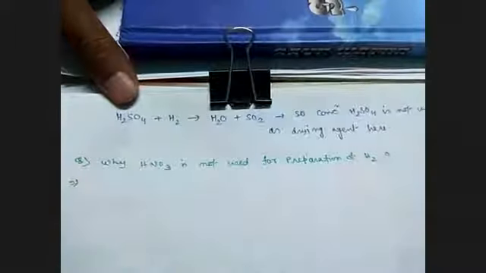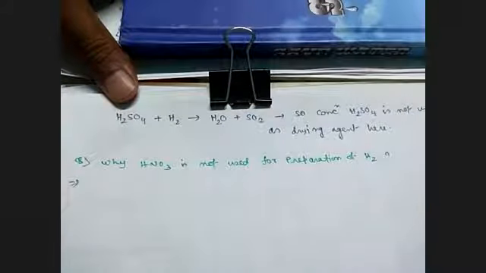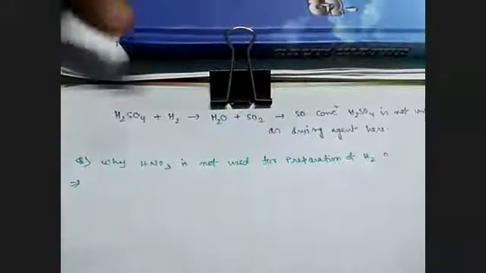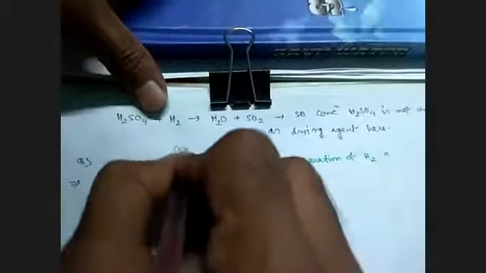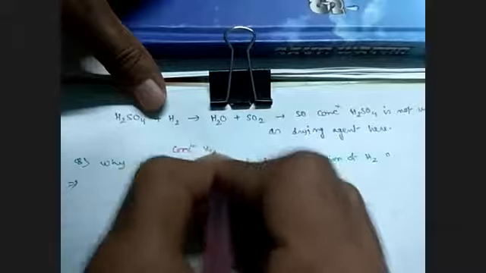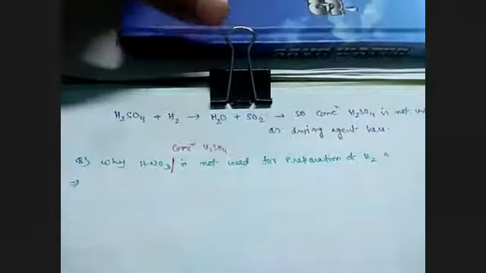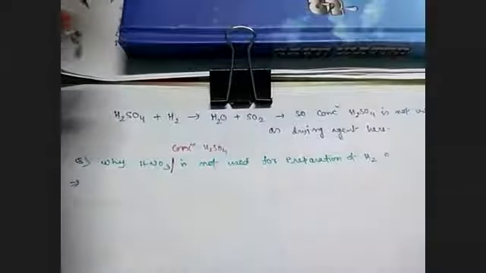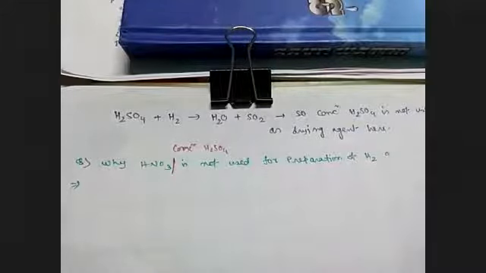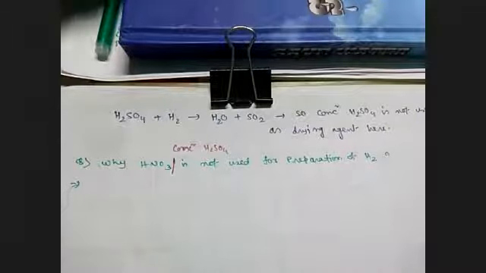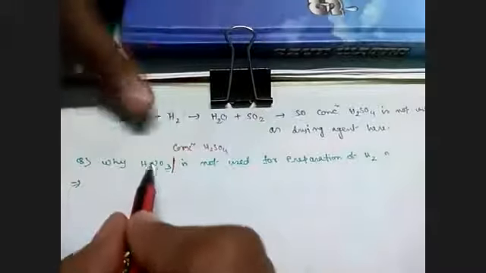Remember, the question comes for nitric acid and concentrated H2SO4. Both are not used. Only dilute HCl or dilute H2SO4 is used. Remember when I wrote the preparation, I told that dilute HCl or dilute H2SO4 is used with zinc. So why not HNO3 and concentrated H2SO4?